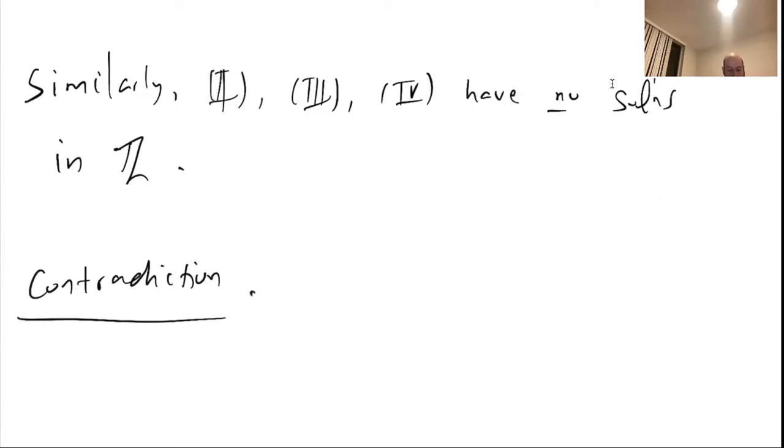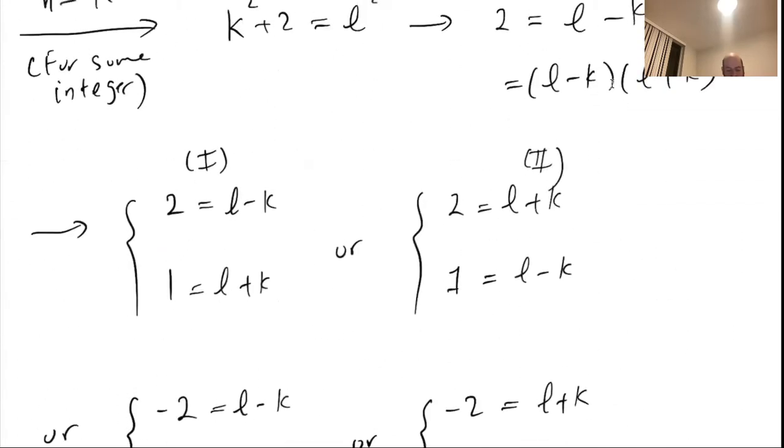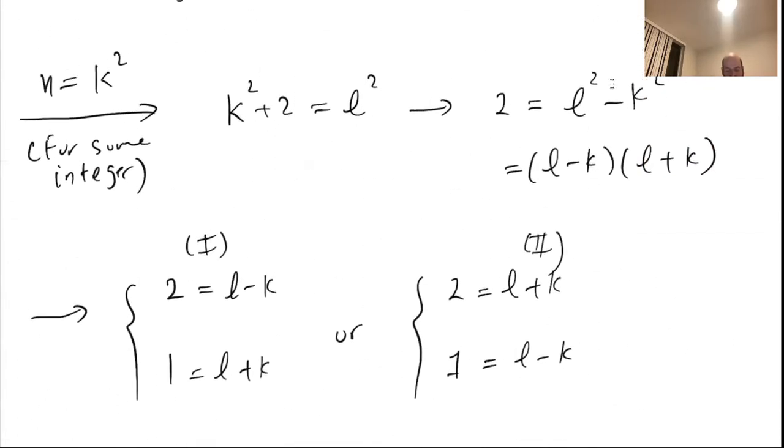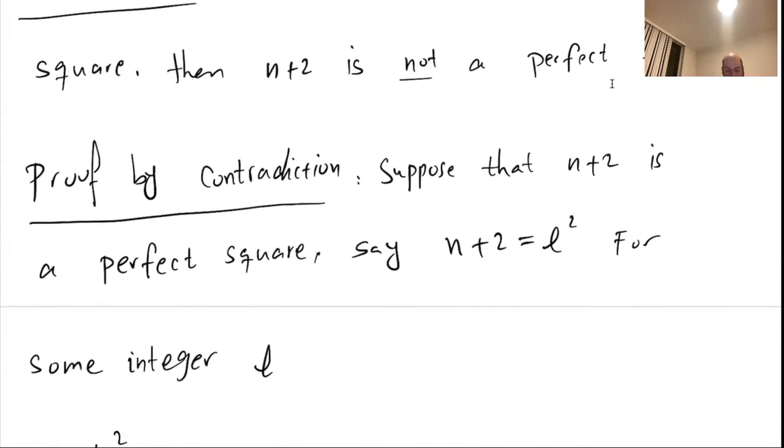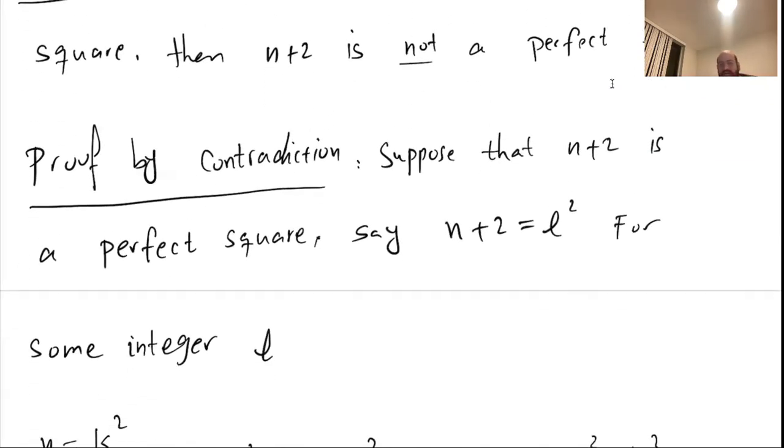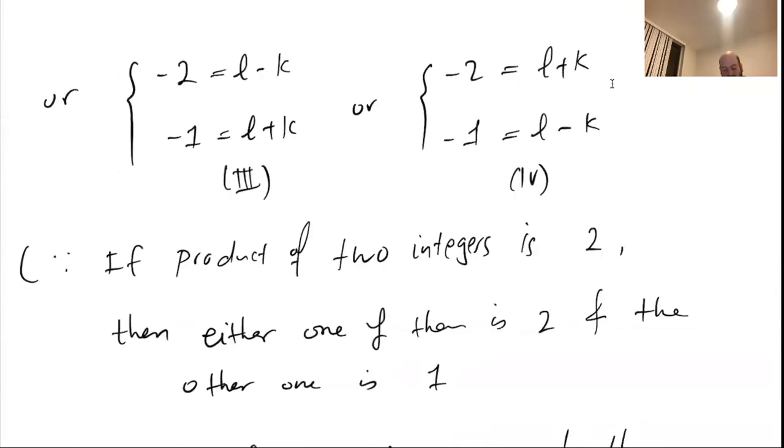Because we assumed that there exists some L such that n plus 2 is L squared, but we reach a contradiction. We show that there is no such L, because there was no solution for L or k in any case.